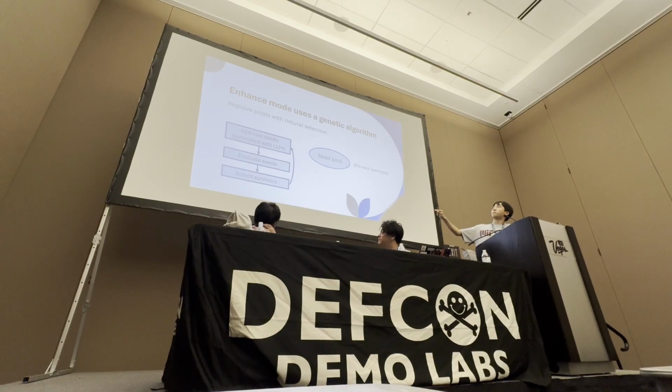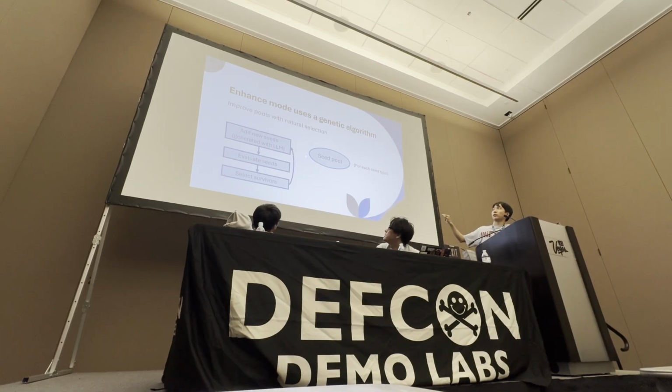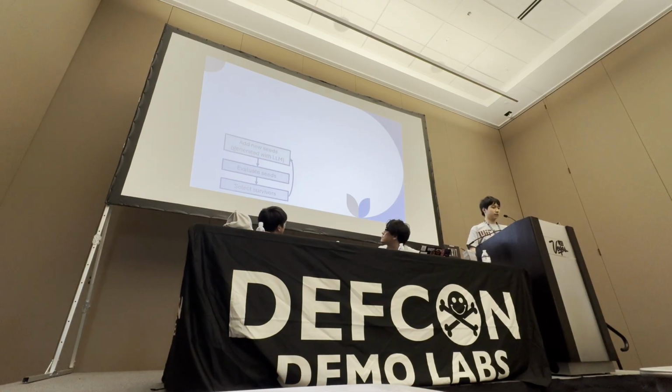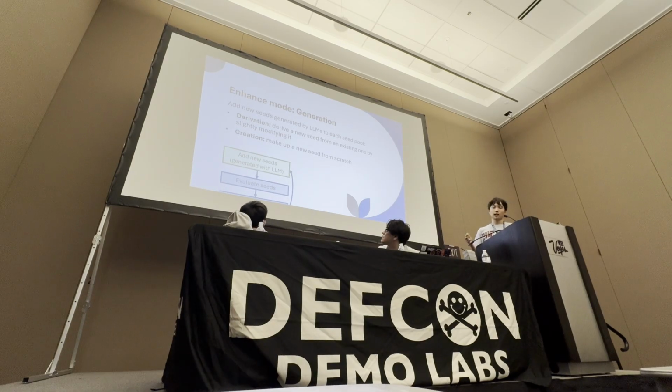It basically adds new seeds to the seed pool. Computer scientists like to call it a gene pool, but whatever you call it. Then it evaluates seeds, selects survivors, and so on. But in our mode, you don't actually need to perform this iteratively. Just one run will be pretty good.